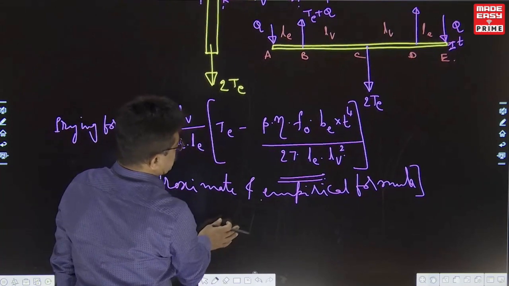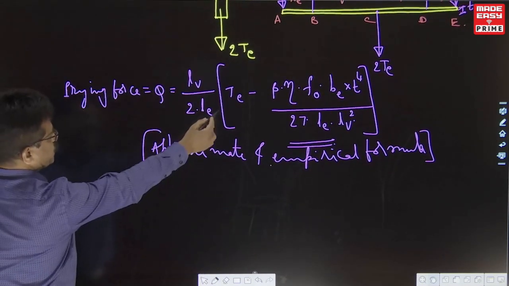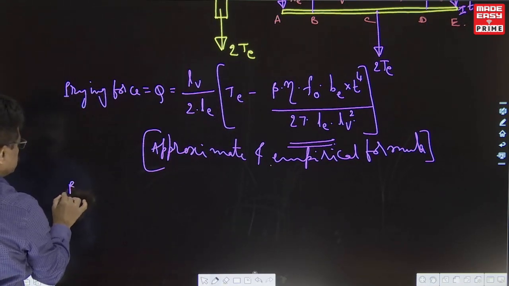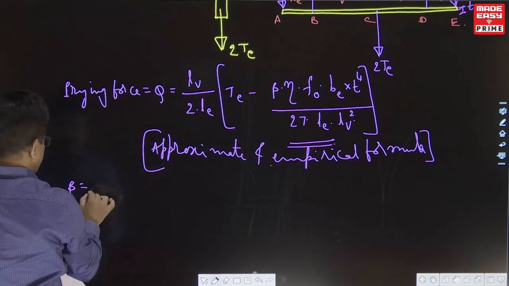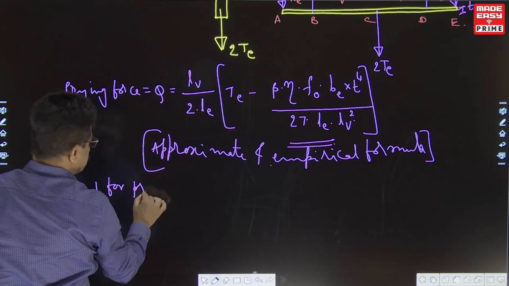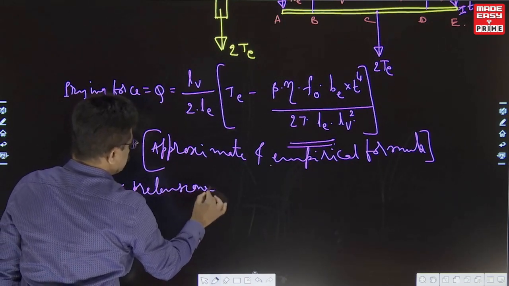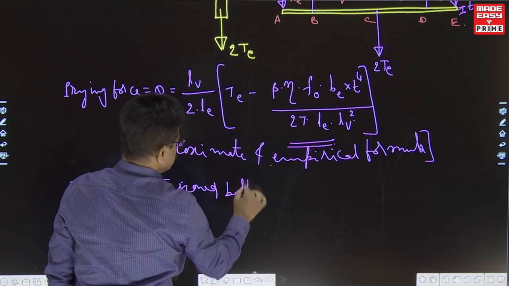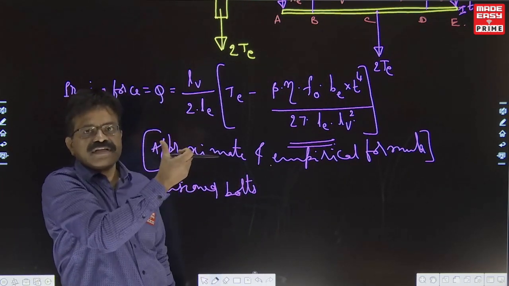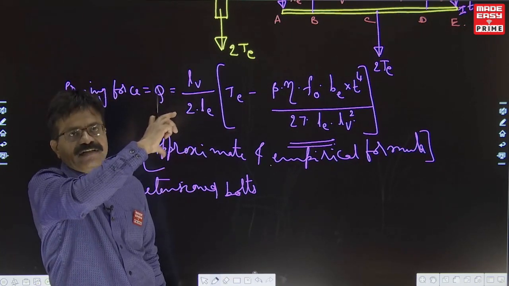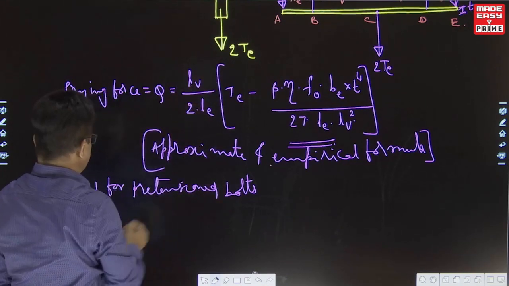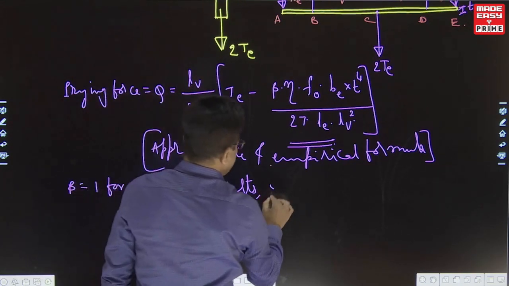So in this case, you see all the factors influencing it are shown. TE is as I have given in that diagram. Beta is equal to 1 for pre-tensioned bolts. That means before applying TE, you tighten the bolt so much that it is under tension initially. If you tighten it, it presses the plate and the bolt is under tension. That is a pre-tensioned bolt. Then 2 for ordinary bolts.